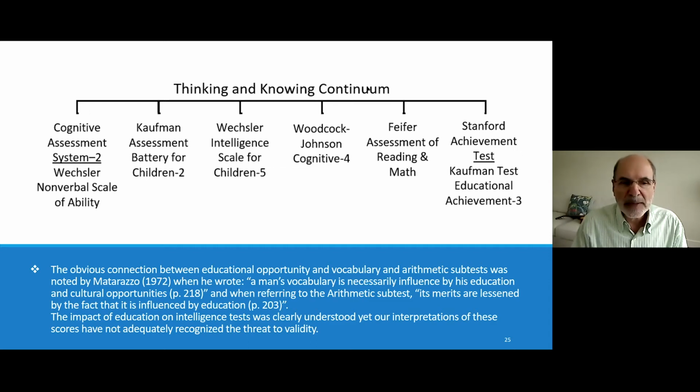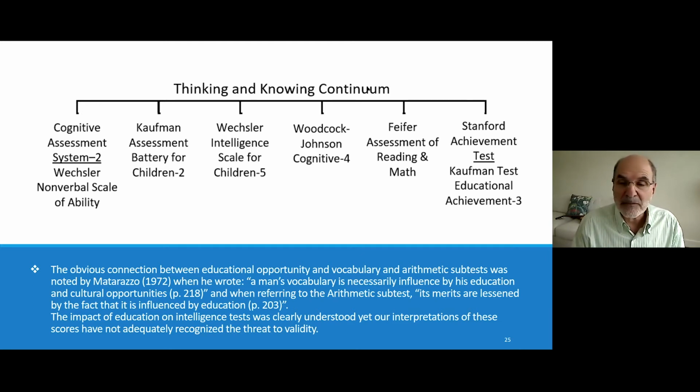And again, if you go back and read Joe Matarazzo's book, which is the book that I learned about intelligence testing from in the mid-70s. I've known Joe for a long time. He's a really terrific guy. And he wrote in that book that vocabulary is influenced by educational opportunities. Well, we know that, right?